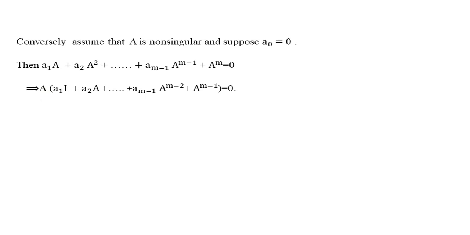So if we add one more element to these n square elements, then those n square plus 1 elements will become linearly dependent. In particular, we take I, the identity matrix, A, A square, etc., A power n square. So there are n square plus 1 elements of Mn of F.